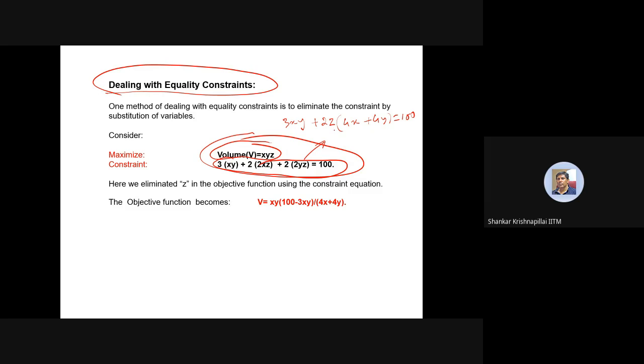So z is written in terms of x and y. z is equal to (100 minus 3xy) divided by 2(4x plus 4y). In this particular example, we are able to write z in terms of x and y, but that will not always happen.